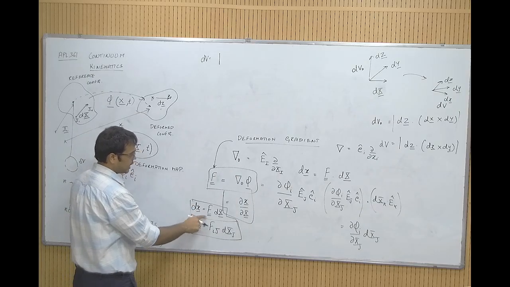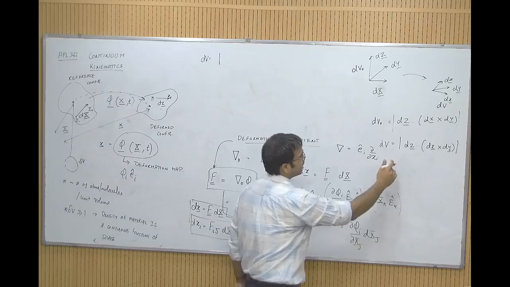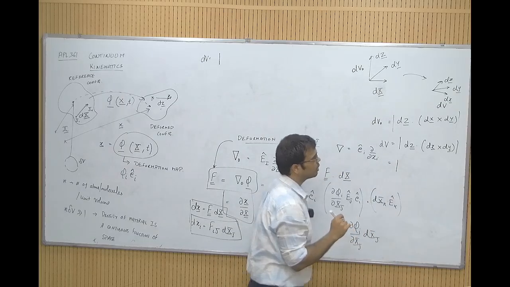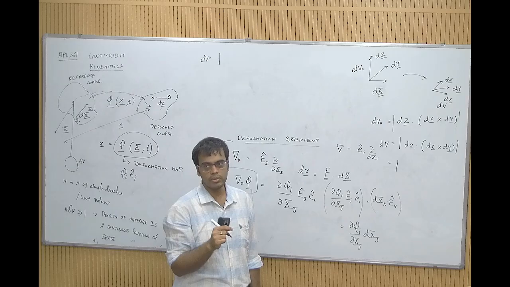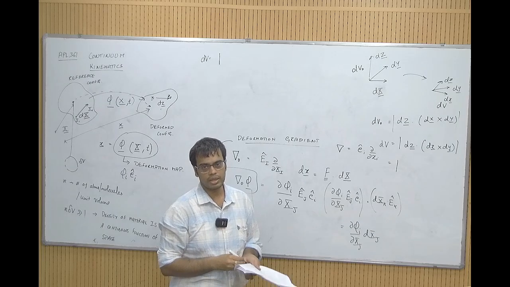So dz I can write like this. Let us write everything in index notation. So first, when I write this in index notation, what do I get? dz dot dx cross dy, what do I get in index notation? Can someone quickly do the algebra and tell me what dz dot dx cross dy is going to be in index notation?